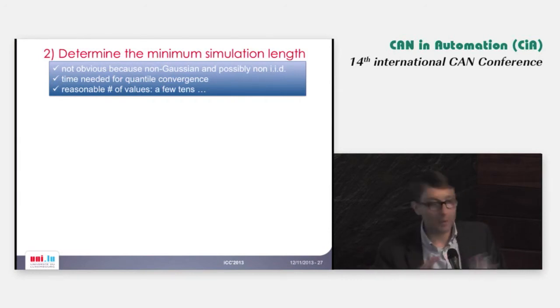I don't have time to go into detail, but basically you need to simulate sufficiently long so that the simulation converges, which means that if you reproduce the simulation, you would get about the same result. Typically it's a few tenths of occurrences.